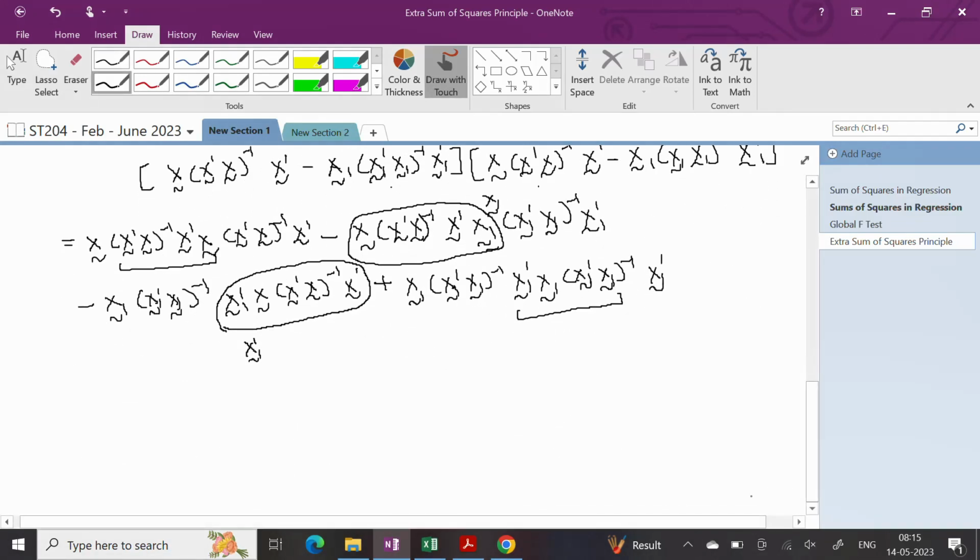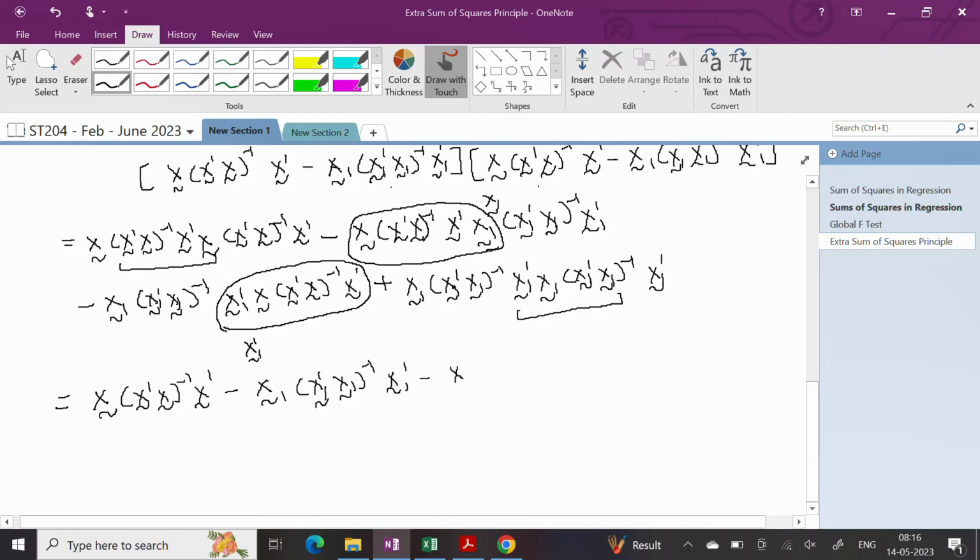So what do I get? Let me write, this is equal to, from the first term I will have X prime X whole inverse X prime. From the second term I will have X1 prime X1 whole inverse X1 prime.